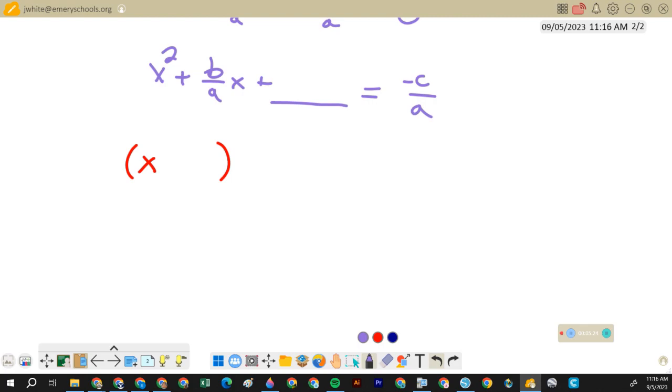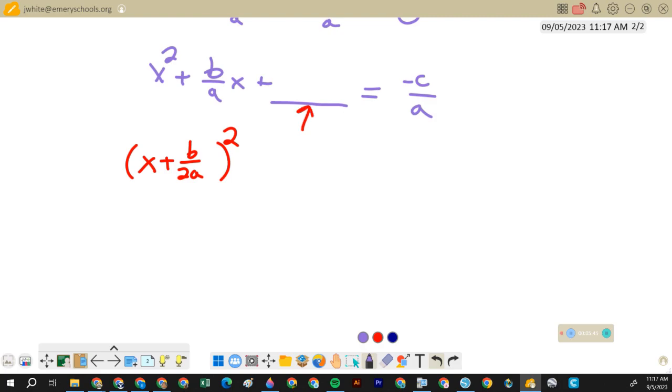Is b an even number? We don't know. Half the time it is and half the time it isn't. So let's just double the bottom. So plus b over 2a squared.